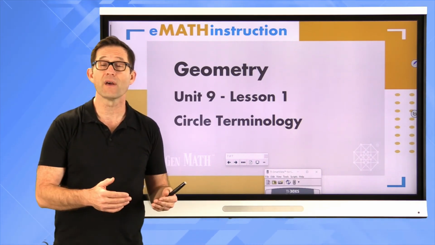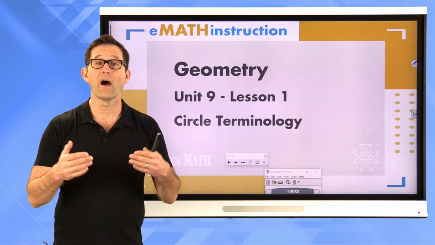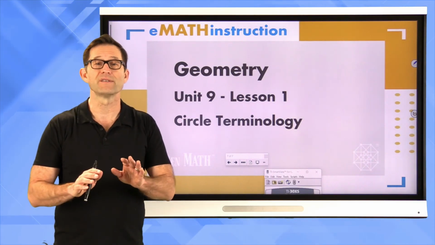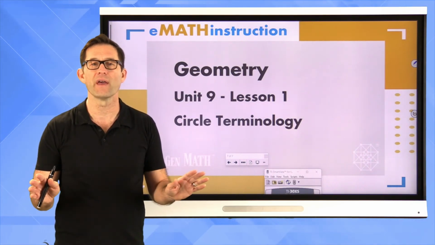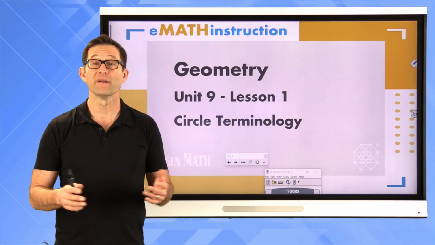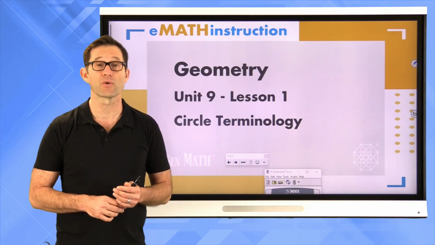That gives rise to the idea of radii of a circle and the idea that all radii of a given circle are the same length. That is going to give rise to basically every other thing that shows up in this unit. All right? But we're going to see more of that consequence in the next lesson when we start talking about what are known as inscribed angles.